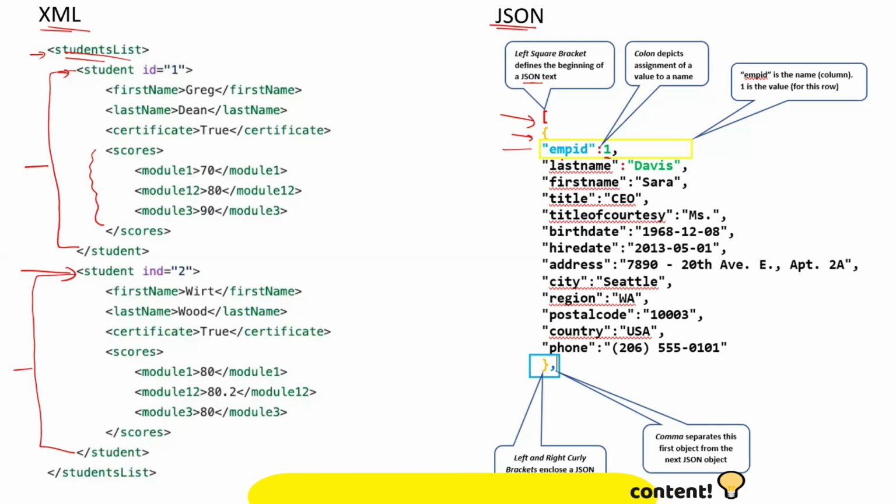With the colon you have a key and value pair, so each key has a value in front of it, and these are separated by commas. These we can call attributes, and this is the entire object.